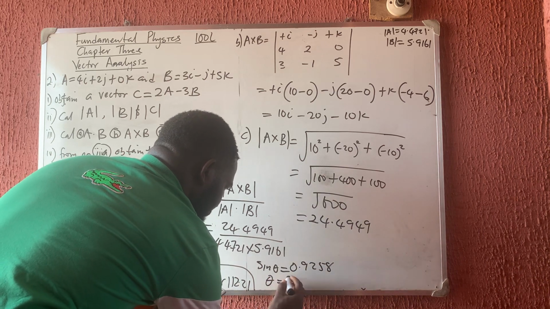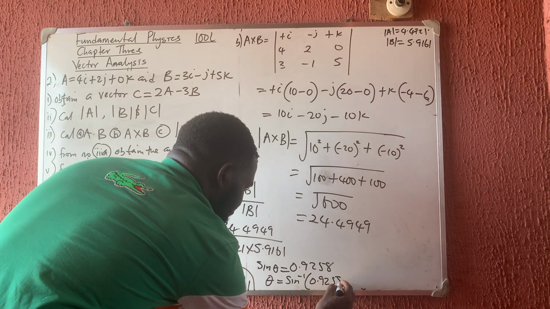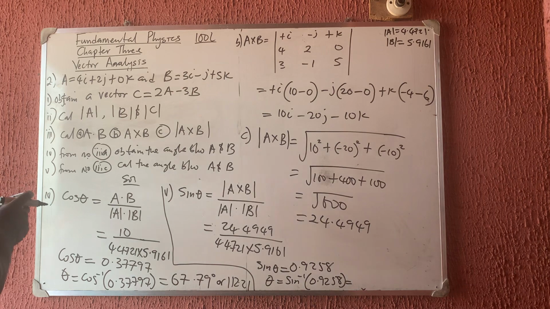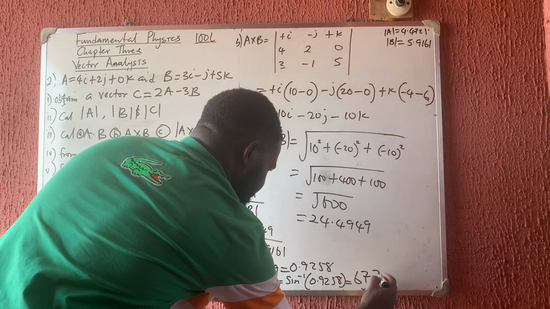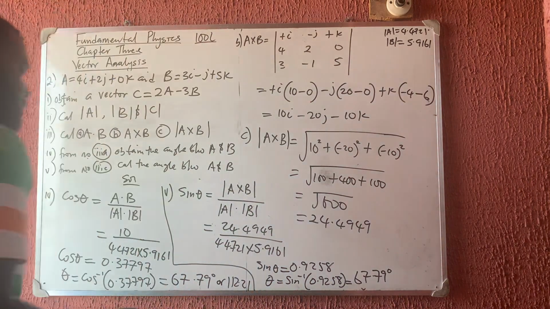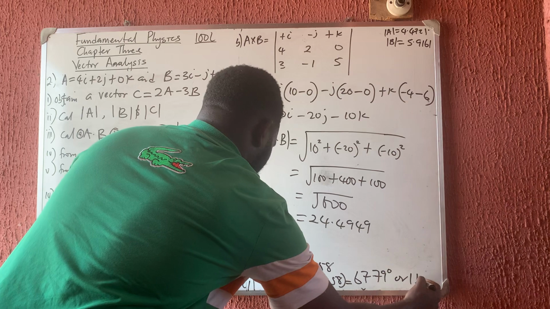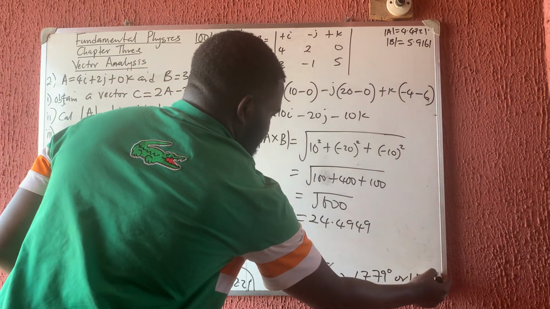So my theta will now be the sine inverse of 0.9258. If you do that, shift sine inverse, I'm getting the same 67.79 degrees. The same result. Or if you say 180 minus that, you get 112.21 degrees. Okay, so that is that.